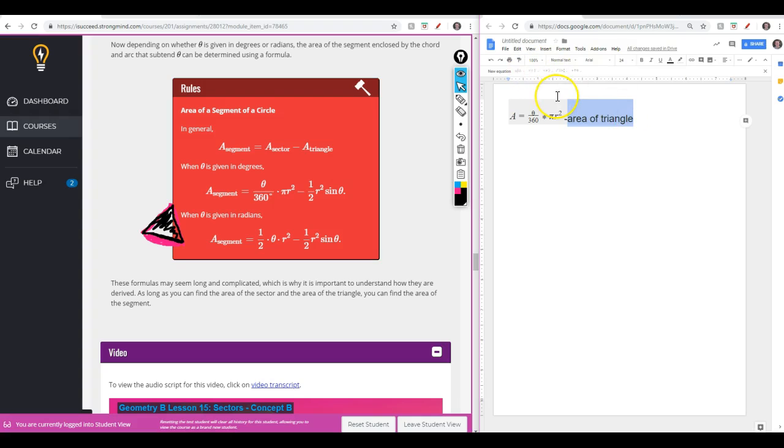So we have, that would be minus 1/2 r squared sine of theta. Oops, that sine is not in the exponent. Sine of theta.